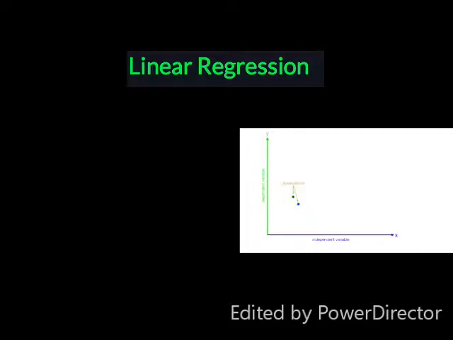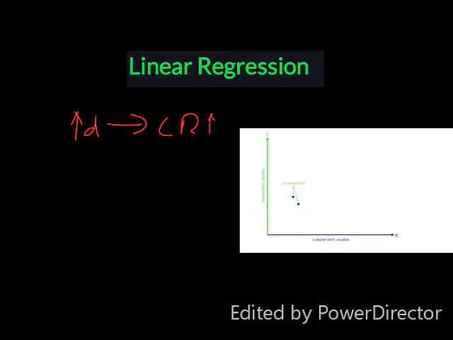So if you think about it, crime rate should increase when density increases. So we can write it as: when density increases, crime rate increases. In linear regression, we will assume the relationship is linear.